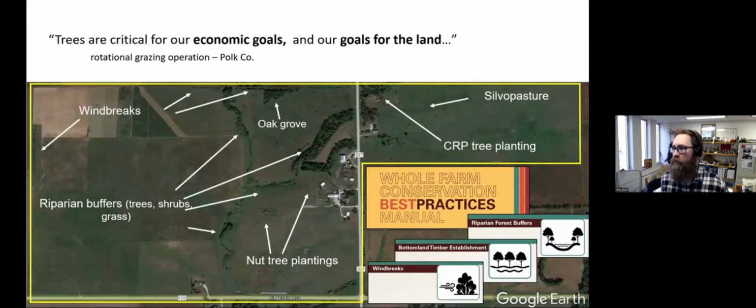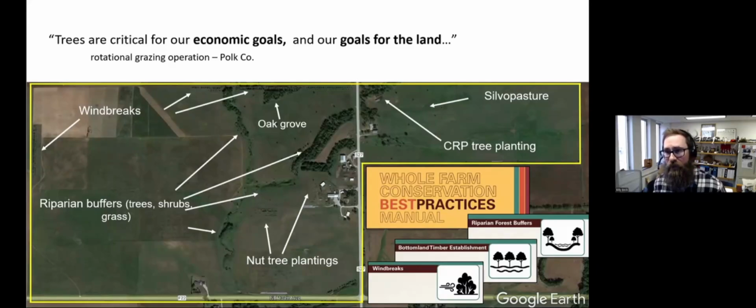And I love this aerial shot. It just shows the range of forestry practices that can be implemented on farm to not only boost economics, but also, again, aid that landscape and the ecosystem goods and services that trees and forests provide. And the one thing I love about this is the small landscape footprint that these practices take up.